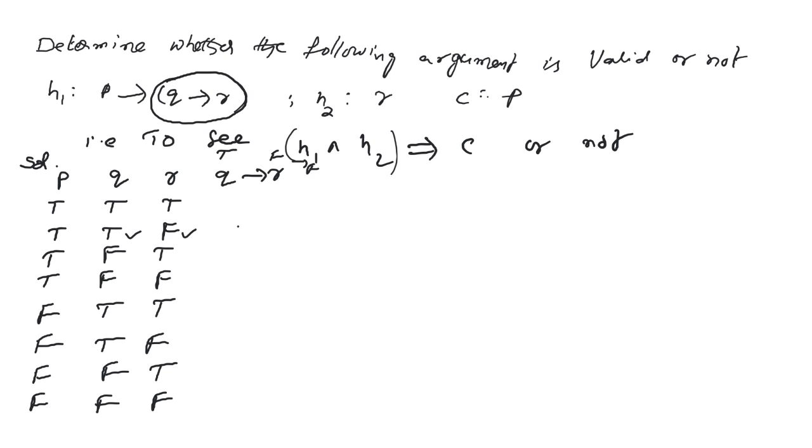In this combination it will be false. Next, another TF combination is there, and in this combination it will be false, otherwise it will be true. This is the way of applying the concept here.